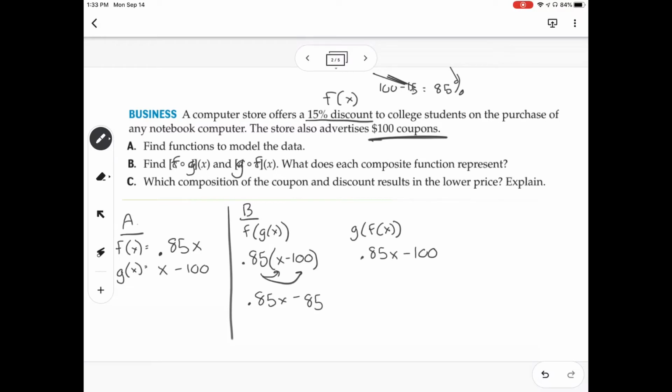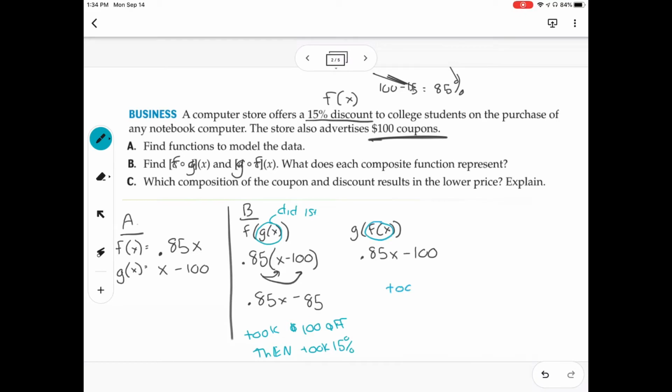All right, it says, what does each composite function represent? So f of g of x is saying that whatever's in the middle is what you did first. So this is saying we took $100 off, then took the 15% off.